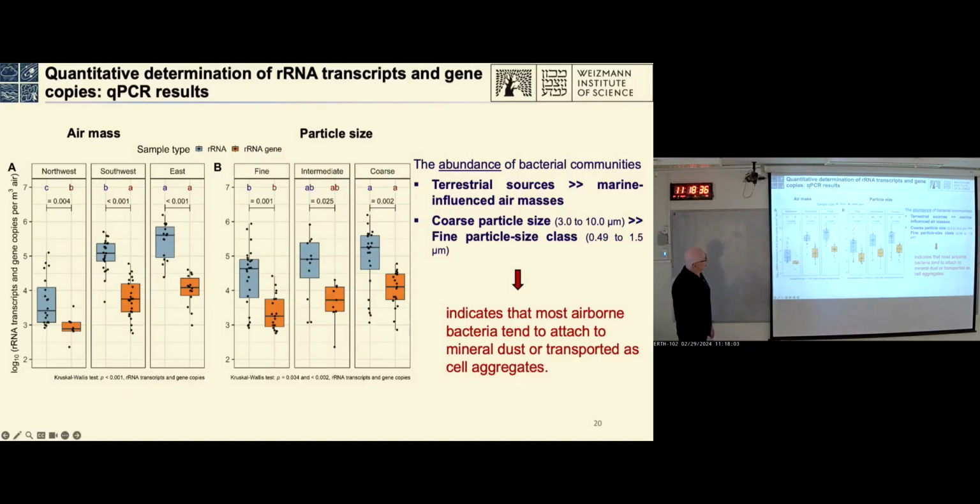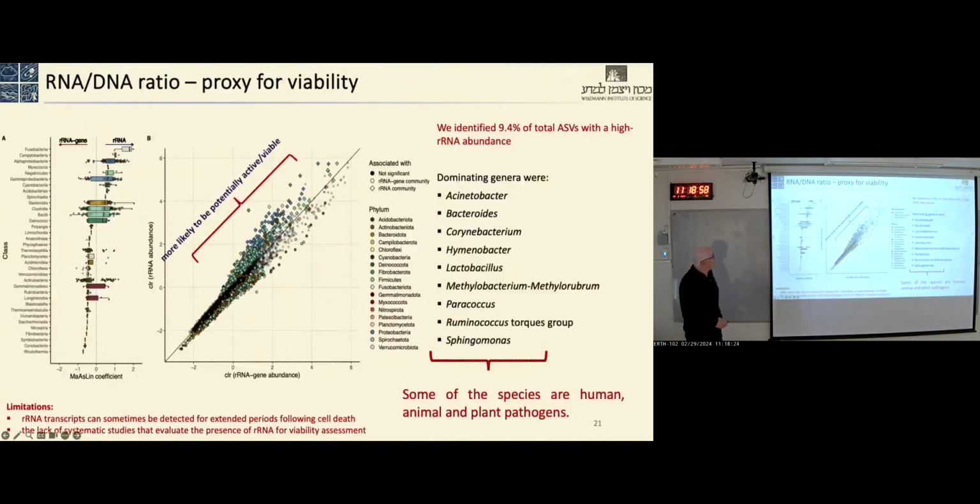So here we looked at the different air masses and at the RNA compared to the DNA in both the different trajectories and the different size regions. And what we find, when we look at this ratio, the ratio of RNA to DNA, is that a lot of the species have a high RNA ratio, indicating to us that they are potentially viable.